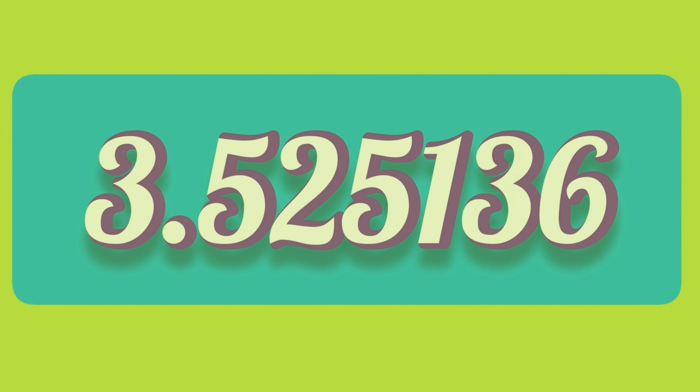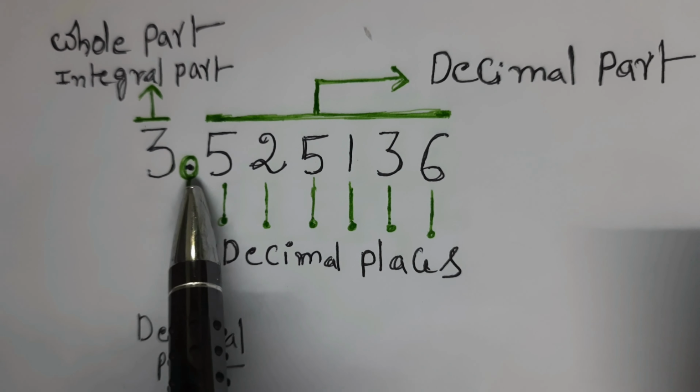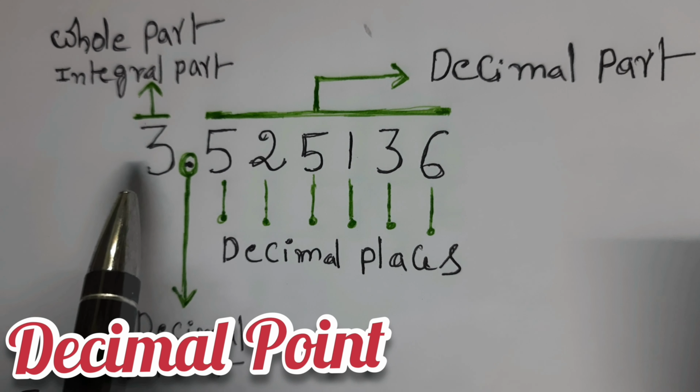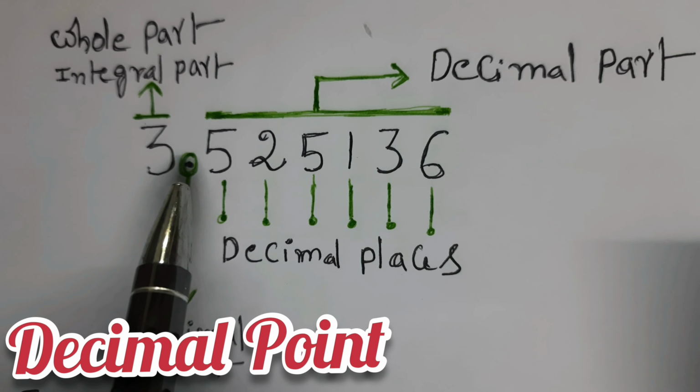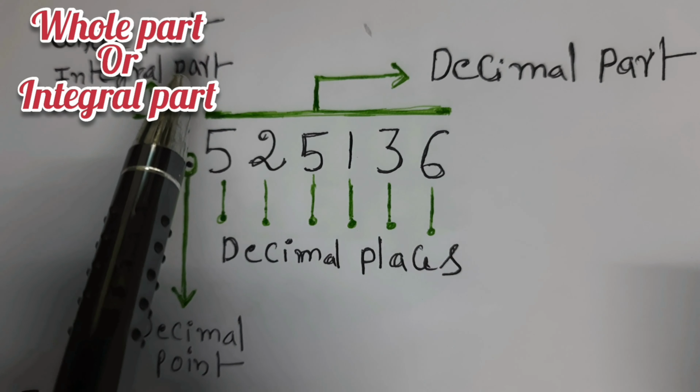Let's now take a decimal number 3.525136. This number has 2 parts. Let's now check. This dot is a decimal point. The number to the left side of this decimal point is a whole part or integral part.